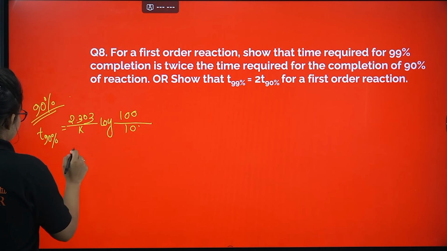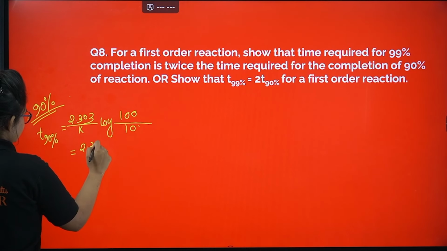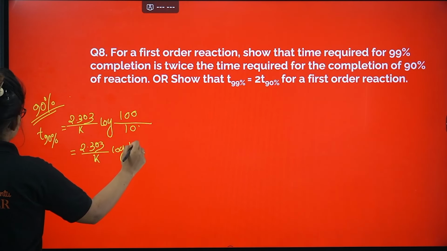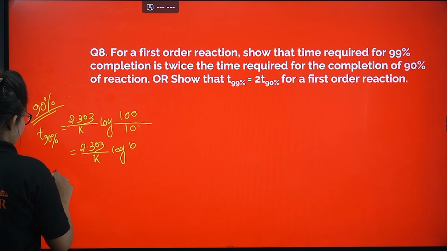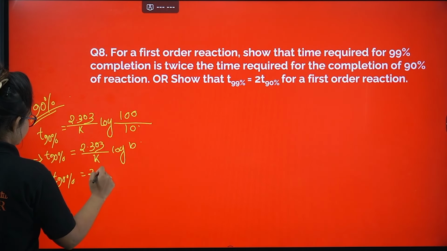So from here I will get 2.303 by K log 10. Log 10 value means 1. So from here I am getting T 90% is basically equal to 2.303 by K.